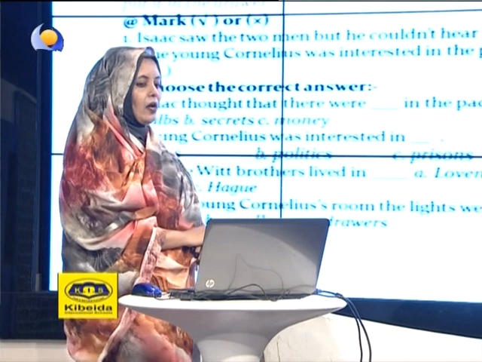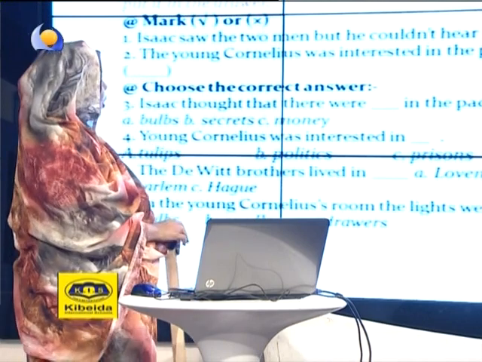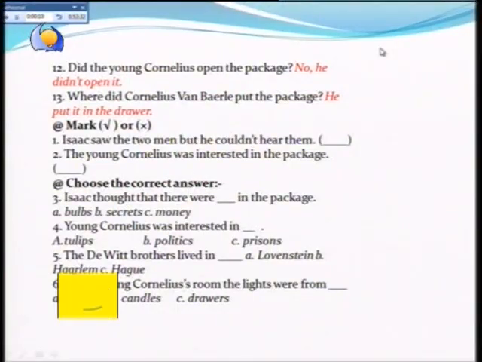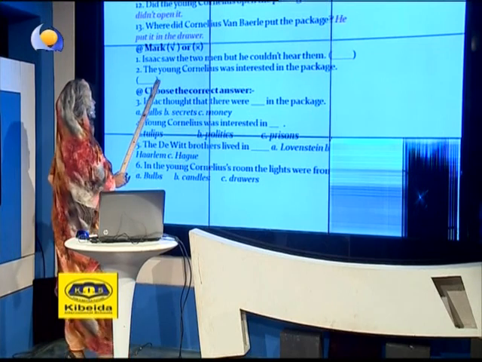Okay, did the young Cornelius open the package? No, he didn't open it. He put it in a drawer in the drawing room. Isaac saw the two men, but he couldn't hear them, because he was using a telescope. Was the young Cornelius interested in the package? No, he wasn't.